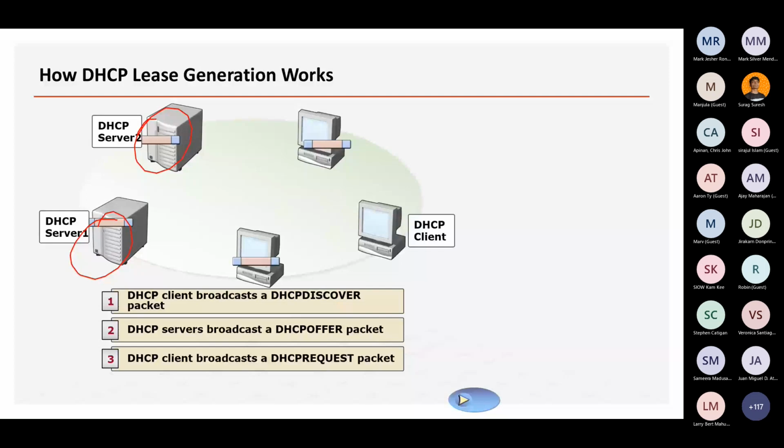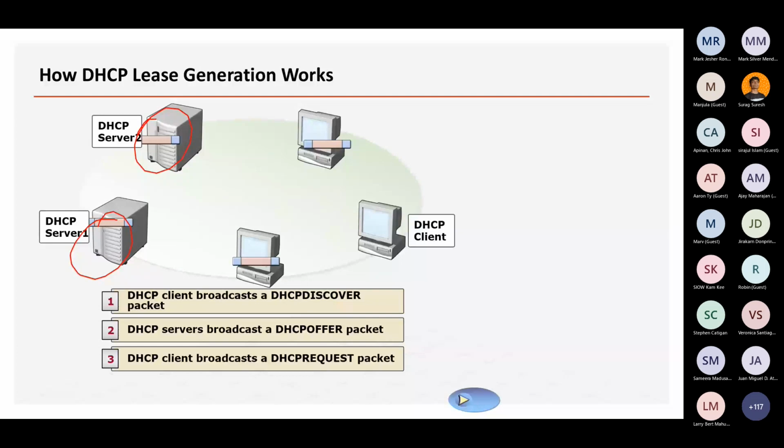But in production scenarios, you may have multiple DHCP servers available. So the client sends a broadcast packet, and only after receiving an IP address does the mode change to unicast.